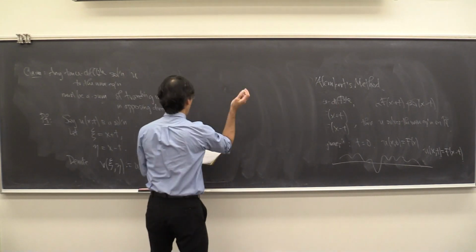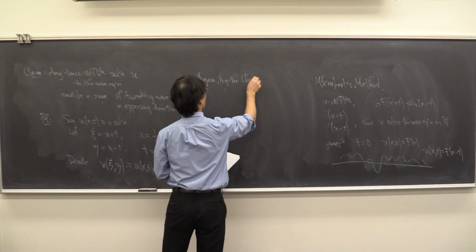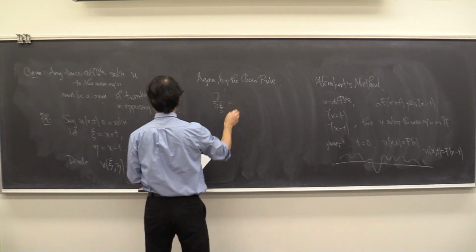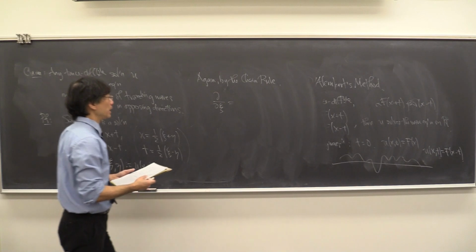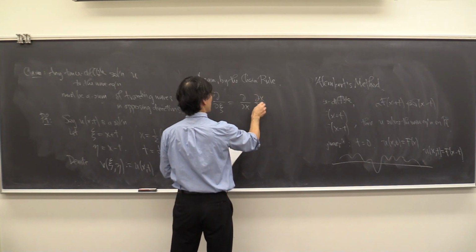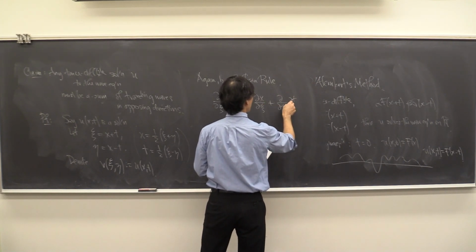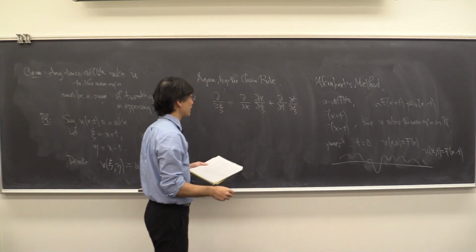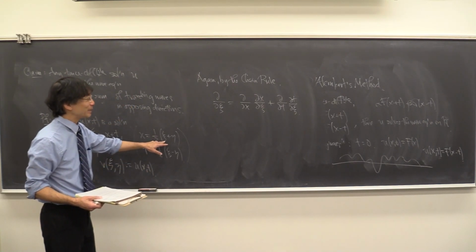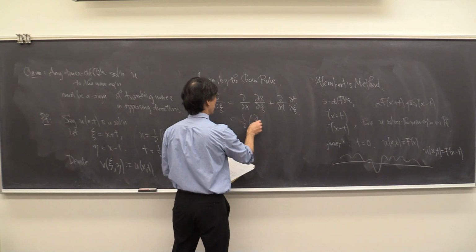Okay, so then again by the chain rule, if we differentiate with respect to xi, that's the same thing as differentiating with respect to x and differentiating x with respect to xi, plus differentiating with respect to t and differentiating t with respect to xi. But dx/dxi is a half, dt/dxi is a half, and so you just get 1/2 (d/dx plus d/dt).